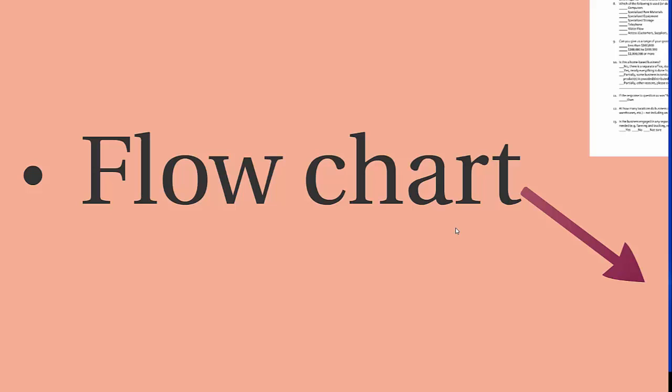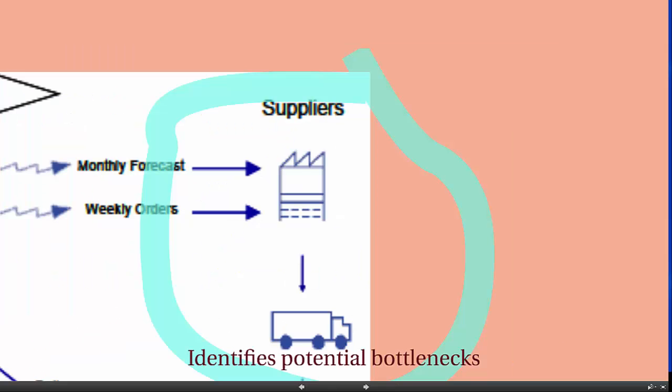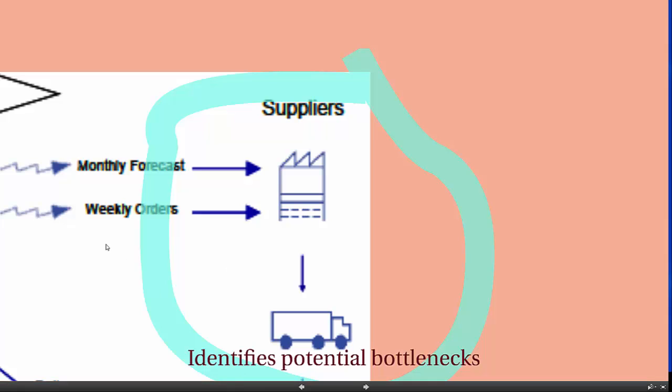Next, a flow chart. If the organization has a flow chart or access to a flow chart, this can be extremely helpful because as you go through the flow chart, you see how the organization operates, and it especially helps to identify potential bottlenecks, like here where the organization sends its monthly forecast of need to suppliers, and the suppliers have to transport the supplies to the organization.